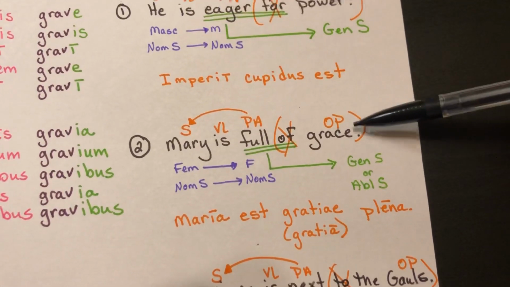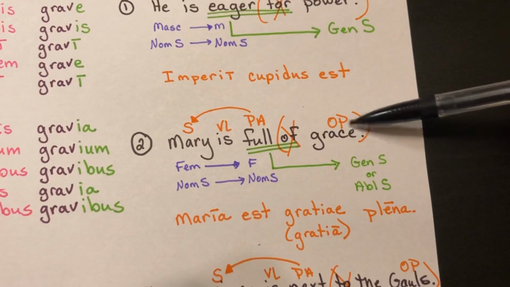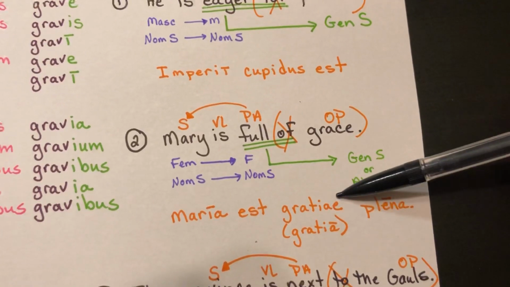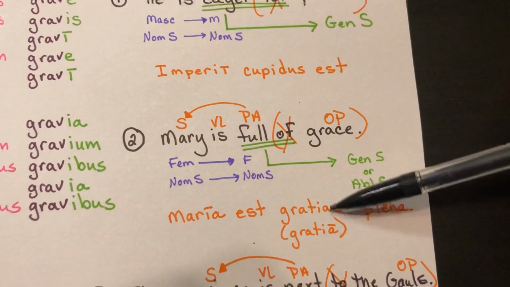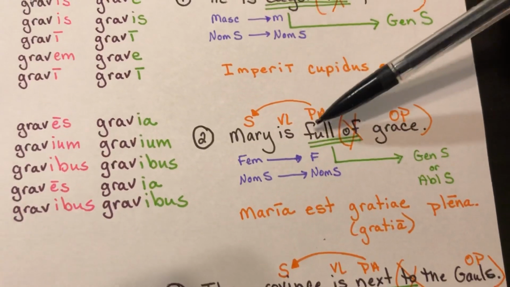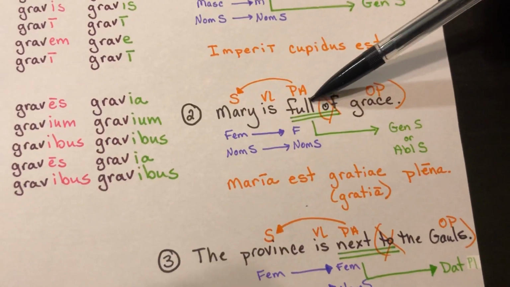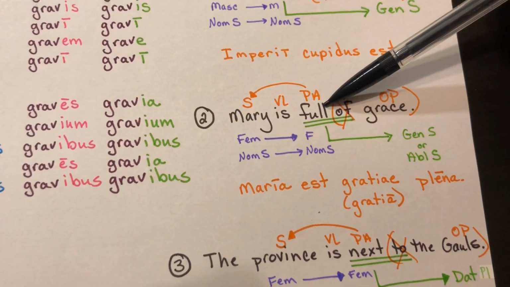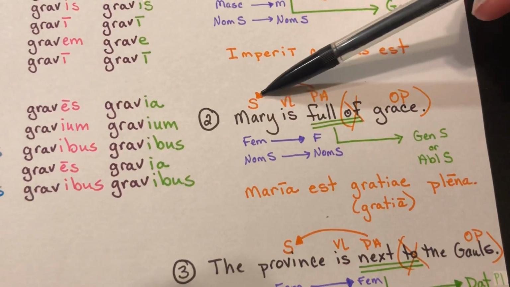So when we get our ending for the object of preposition, that's why this is underneath here. I'm going to choose either the genitive singular or the ablative singular. It doesn't matter which one. That's why that one's in parentheses down there. All right. Now, in order to determine what ending I'm going to use for full, which is plenus, I'm going to come over here.